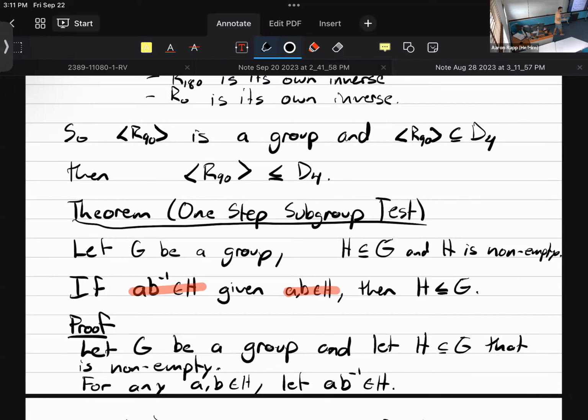It's not in my if part, it's not in my hypothesis, but it's something I always want to confirm. So let G be a group, let H be a subset of G, and also what? H is not empty. It's got to have things in it. It can't be the empty set. If I just said H is a subset of G, well, is the empty set a subset of any set? Yeah. So technically the empty set would have been a possibility.